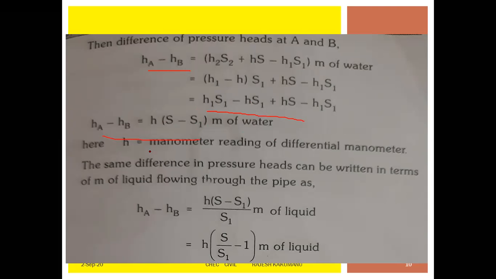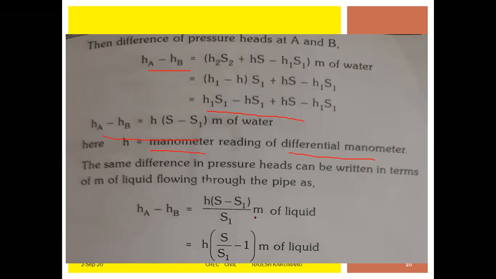The same difference in the pressure heads can be written in terms of a liquid flowing through the pipes, in meters of the liquid flowing in the same pipe.